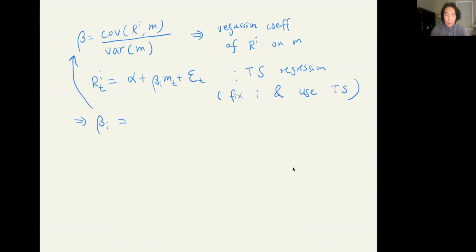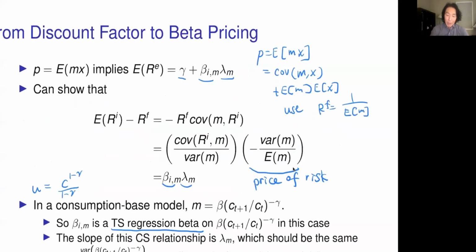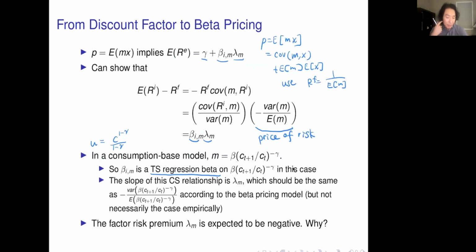So from the time series regressions, you get betas for each stock or each portfolio. So i can be a stock or a portfolio. Okay. So you get beta from the time series regression for each asset i. And once you obtain these betas, then you run the second stage regression.